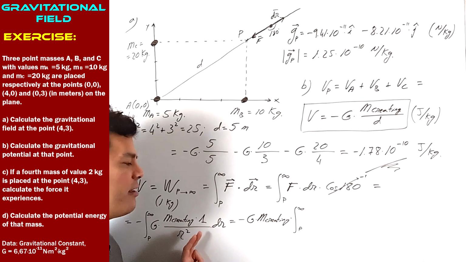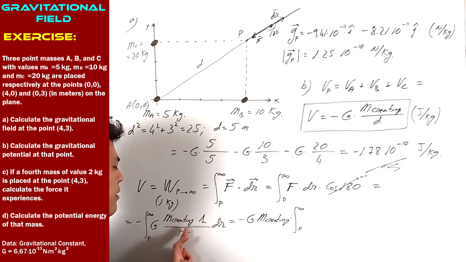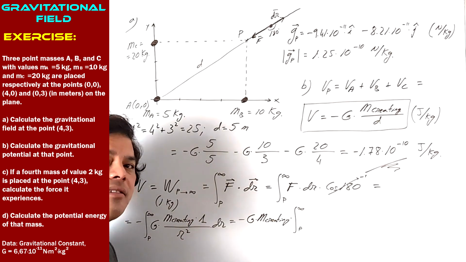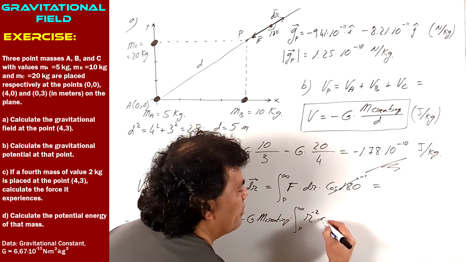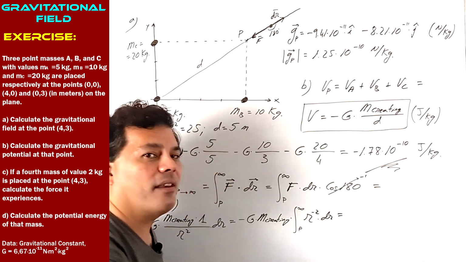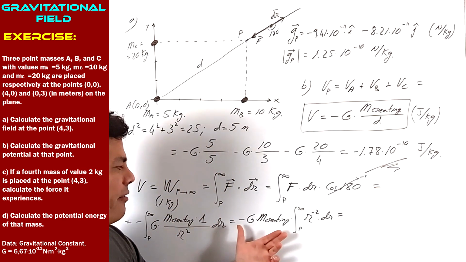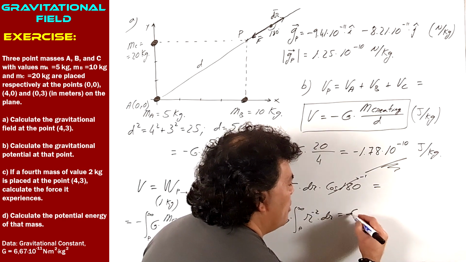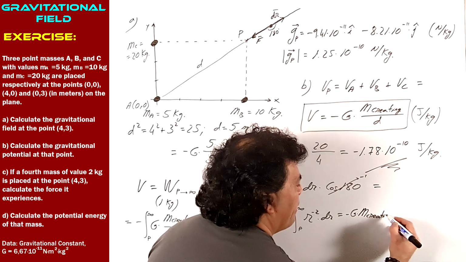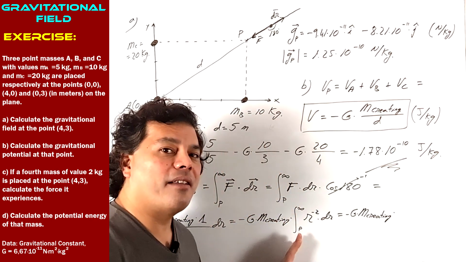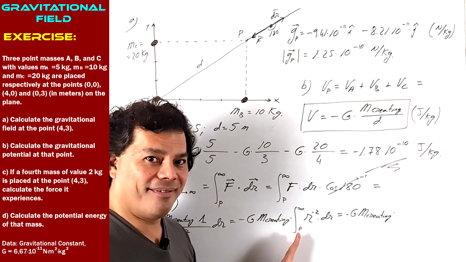It will be better for us to write 1 divided by r squared as r to the -2 in order to solve properly this integral. Now there comes -G multiplying the creating mass. And can you solve this integral?